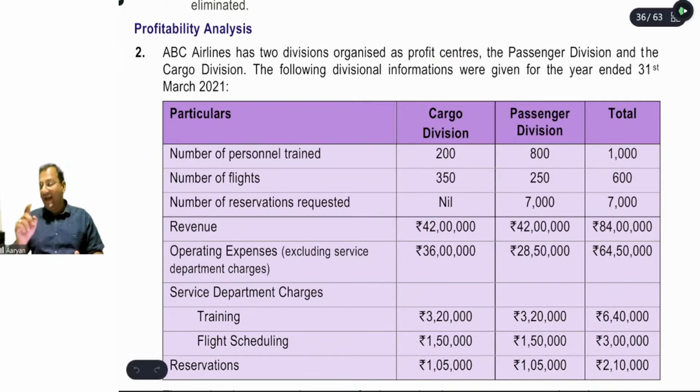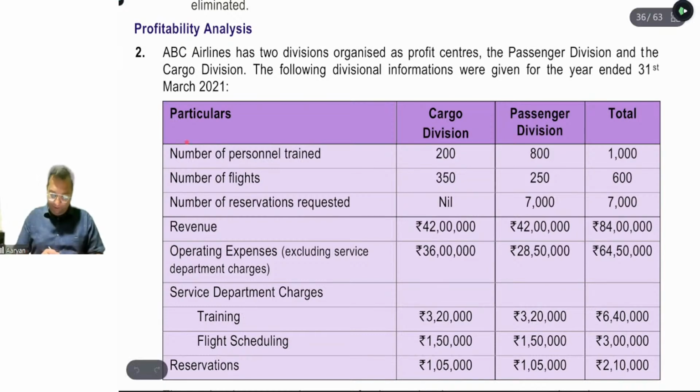It means at the end of the period, their performance will be evaluated on the basis of profit contributed by them. उन्होंने कितना profit contribute किया है, based on that we will evaluate the performance of the department. ठीक है? The following divisional information were given for the year ended 31st March 21.